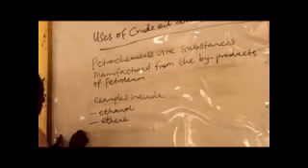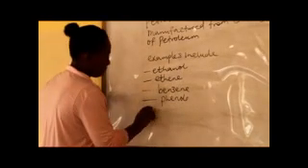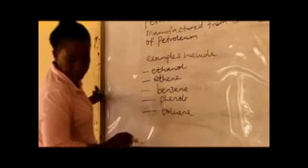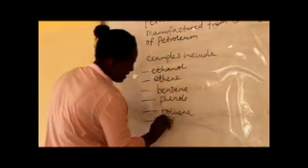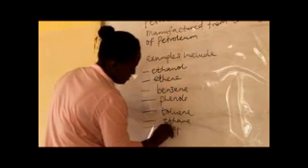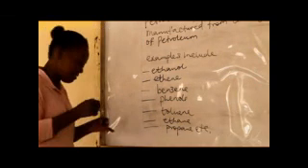We have benzene, we have phenols, we have toluene, we have butane, ethane, propane, etc. These are what we refer to as petrochemicals.